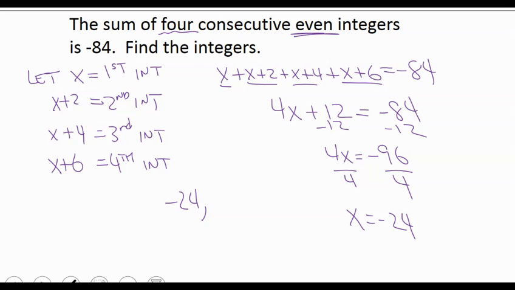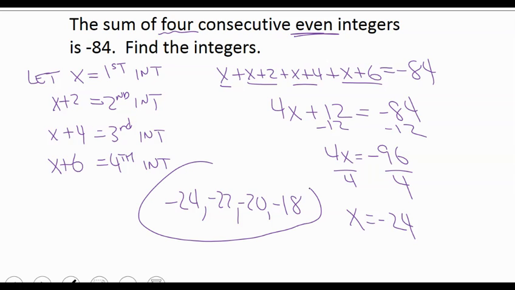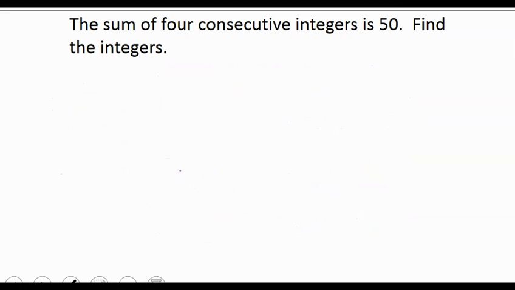Go back to what you said. You said x plus 2 is the second integer. Negative 24 plus 2 is actually negative 22. Then we'd have negative 20, and then we'd have negative 18. And if you were to check yourself in your calculator, do negative 24 plus negative 22 plus negative 20 plus negative 18, you will get negative 84. So that is correct.